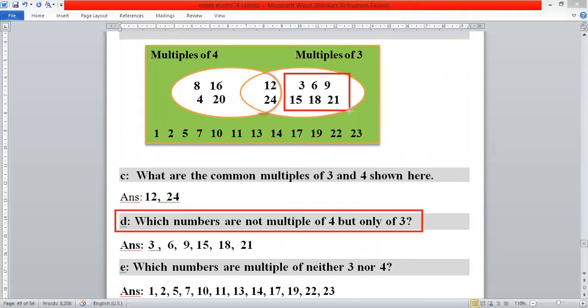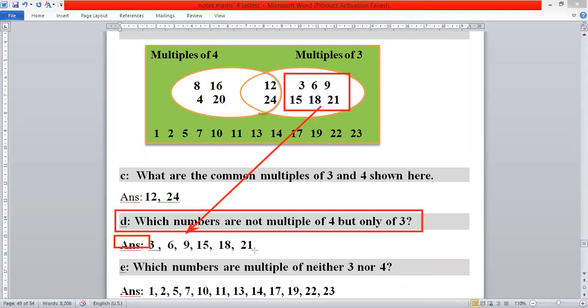These are the numbers which are not multiples of 4 but only of 3. Therefore, we copy these numbers here: 3, 6, 9, 15, 18, 21.